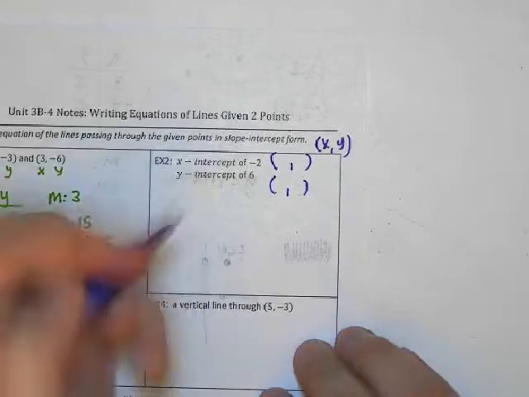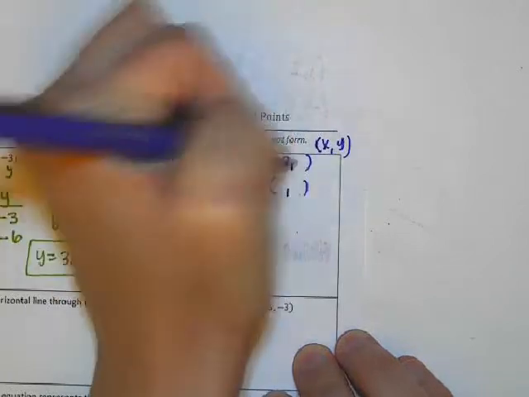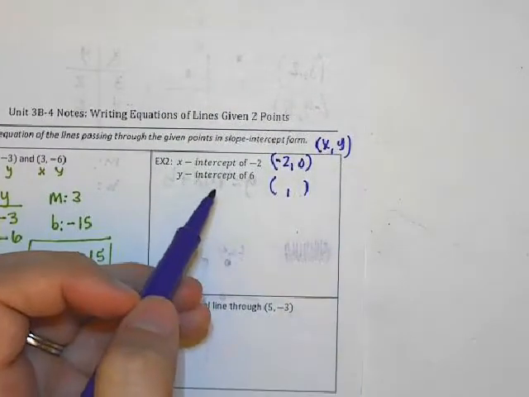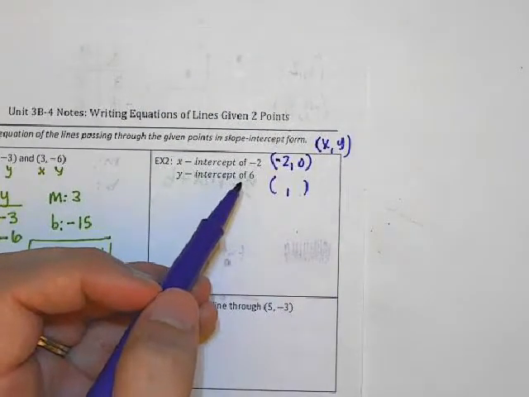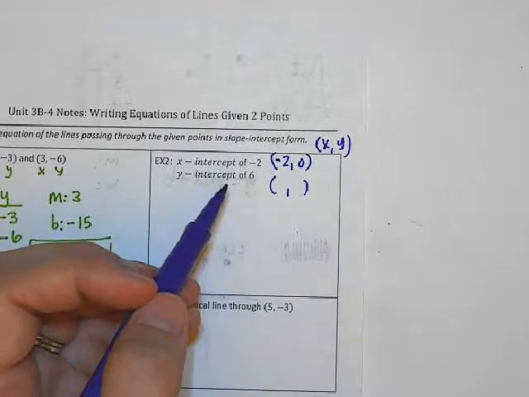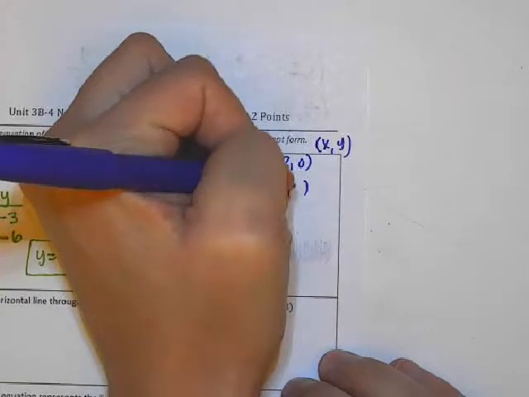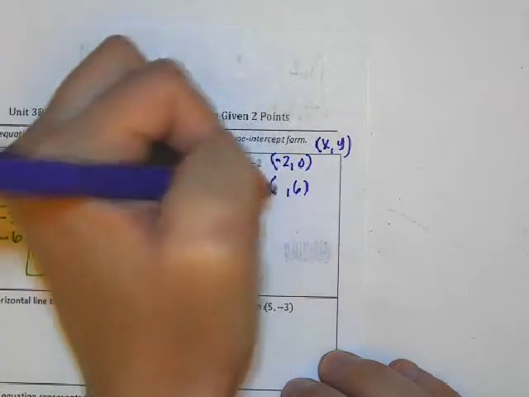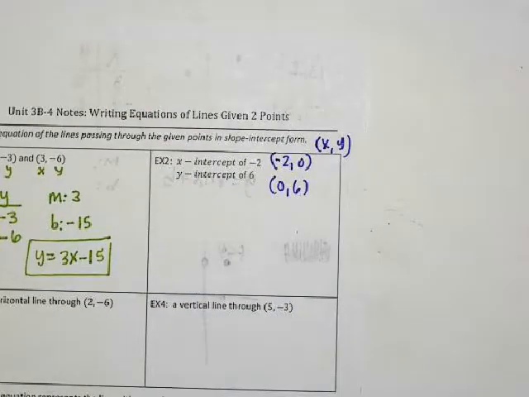In the x spot. What goes in the other one? 0. Then I've got y-intercept of 6, because it's the y-intercept, 6 goes in the y spot. What goes in the other one? 0. Okay? All right, so now I've got 2 points.